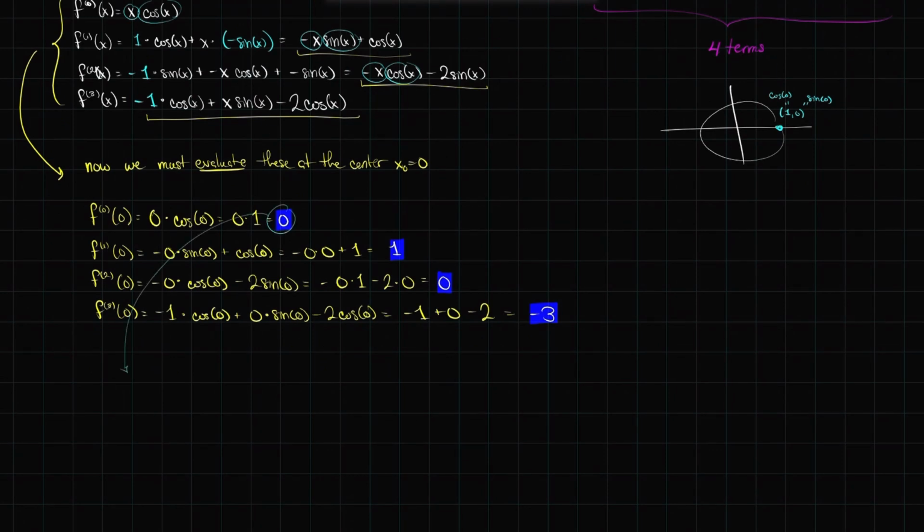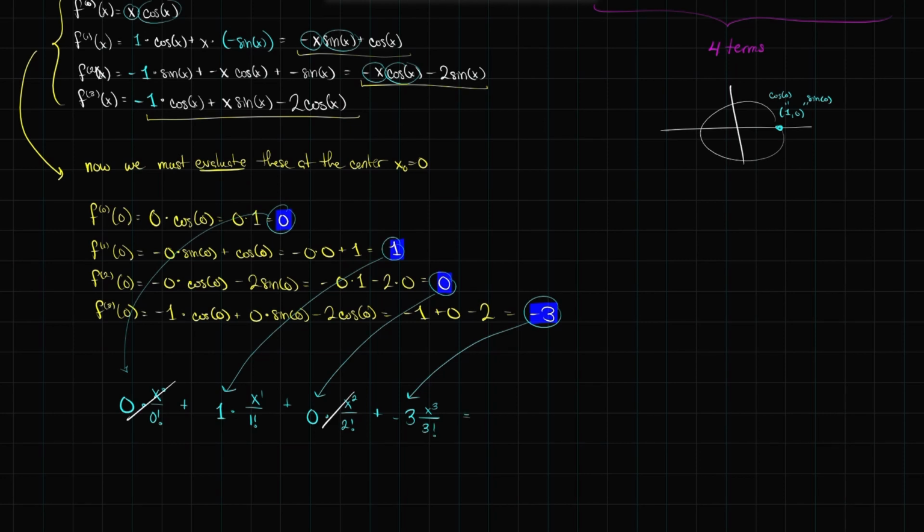I just have a 0 times x to the 0 over 0 factorial plus 1 times x to the first power over 1 factorial plus 0 times x squared over 2 factorial plus negative 3 times x cubed over 3 factorial. So obviously my terms that have zeros in front of them can be omitted, and 1 factorial is equal to 1, 3 factorial is equal to 6.